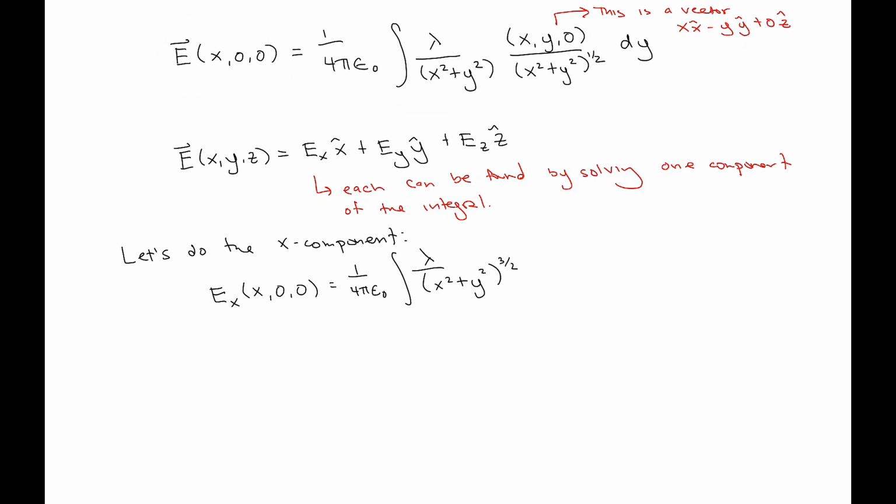This will be to the 3/2, and then we're going to get just an x up here and a dy. We just get the x because we're just taking the x component of this integral. And then we combine these two terms to get this. Now we just need to figure out what the limits of our integral are.